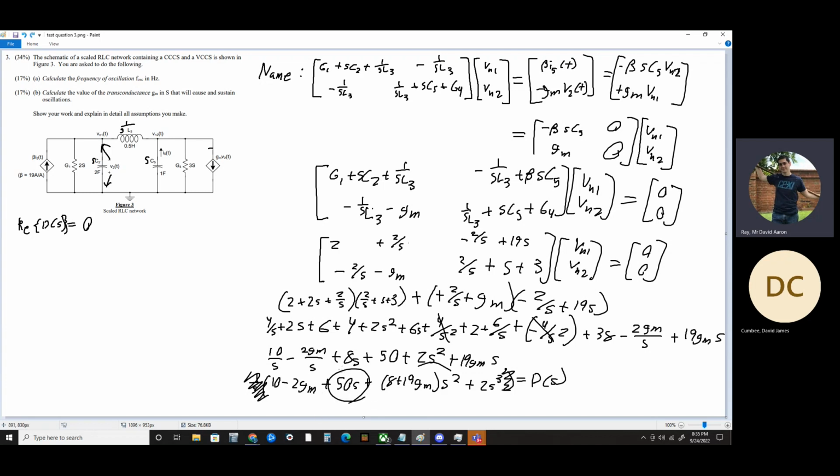So if it's an odd power of s, if it's going to be s or s cubed or s to the 5th or s to the 7th, then those are imaginary parts, because s to the 5th is going to turn into j omega to the 5th, and that's going to be equal to -1 times -1 times j omega to the 5th. And so since there's a j in there, that makes it imaginary.